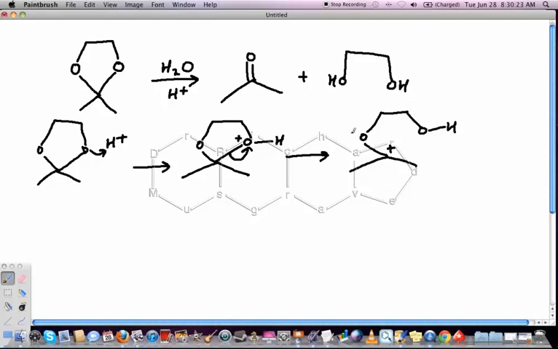Again, recognizing that this is going to go, we still need to use the water, and this will facilitate this leaving in a little bit. So we'll attack the C plus with the water.